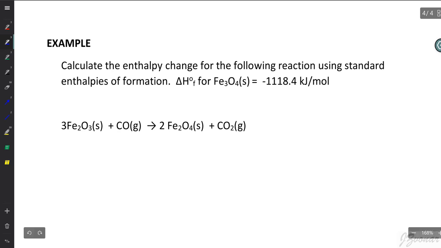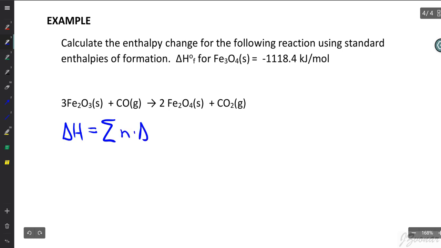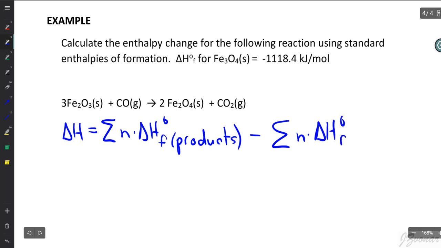All right, so to solve for this, given this balanced equation, we're going to write our delta H formula, which is delta H equals the sum of the moles times the delta H of formation of the products minus the sum of the moles times the delta H of formation of the reactants. So this is where students make mistakes, is they mix up products and reactants. All right, so that's a very common mistake, so please make sure you always remember that it's always the products minus the reactants.